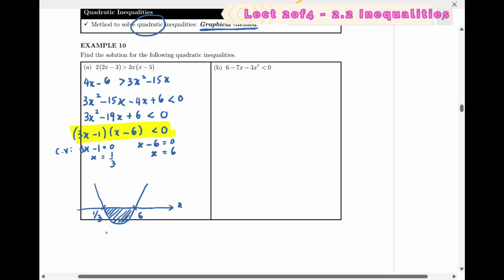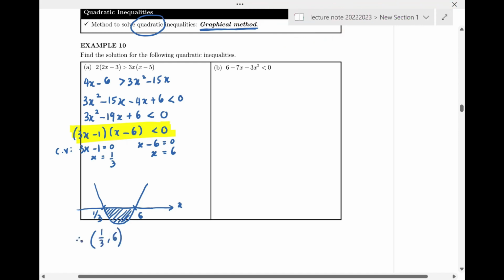So my answer will be between 1 over 3 and 6. This is in interval form. So this will be the answer. So we are done with part A, using the graphical method to solve quadratic inequalities.